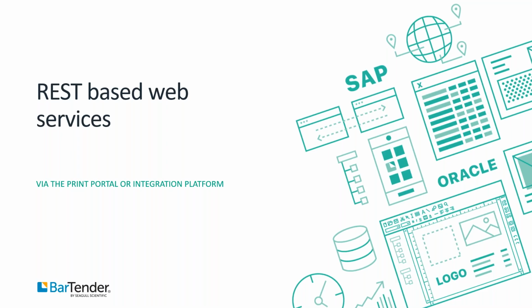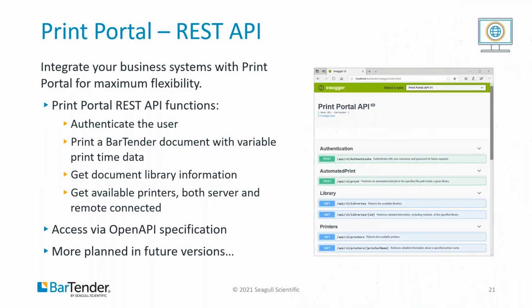Next, the REST-based web services. So what I mean by that is, yes, we have the Print Portal API, but also the integration platform. And I'll show you why I include the integration platform in just a moment.